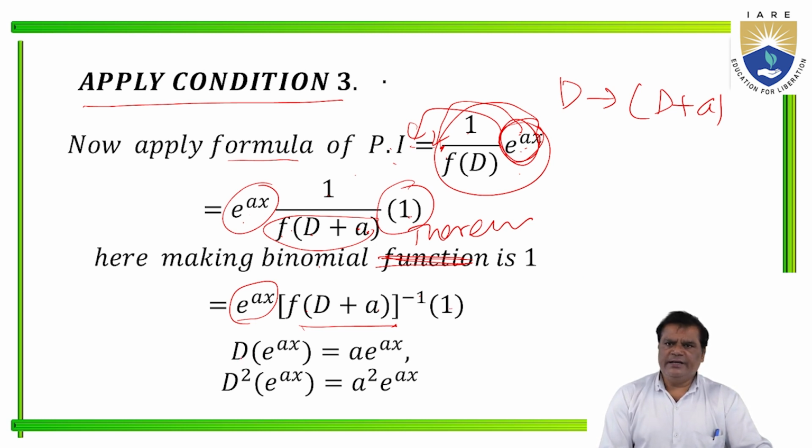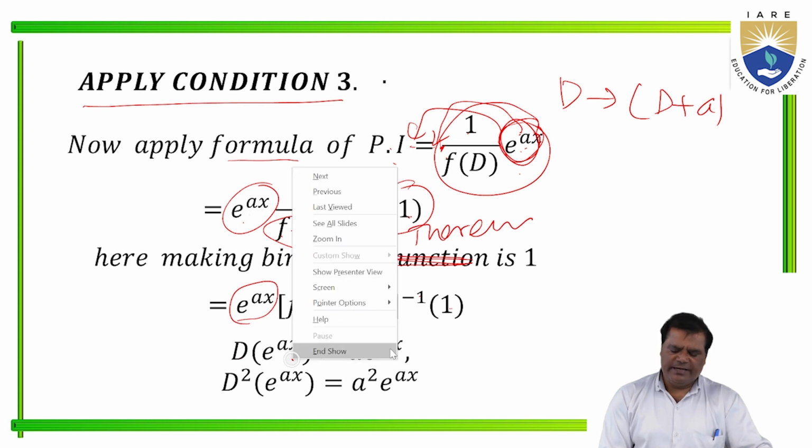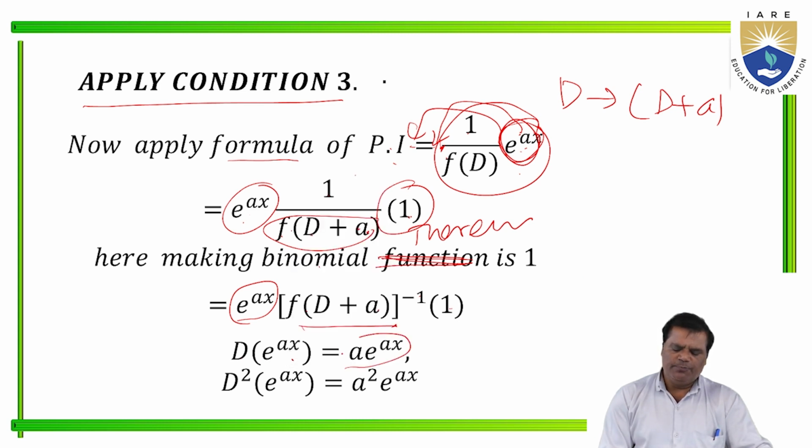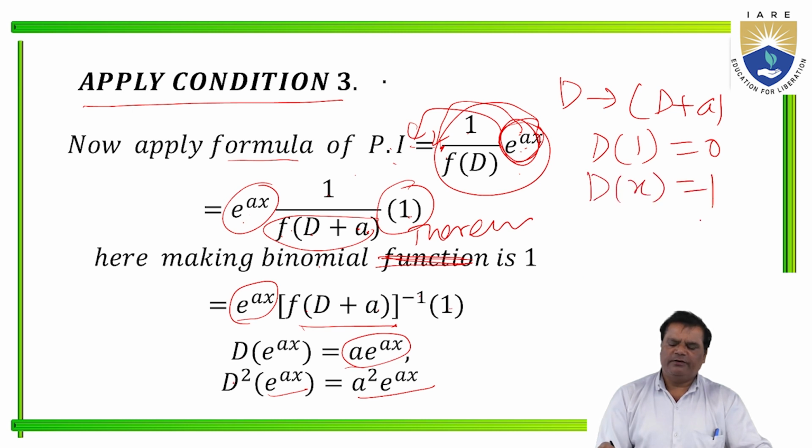Here we write that the differentiation of e to the power ax is a e to the power ax, and two times differentiation of e to the power ax is a square e to the power ax. Differentiation of 1 is 0. Differentiation of x is 1.